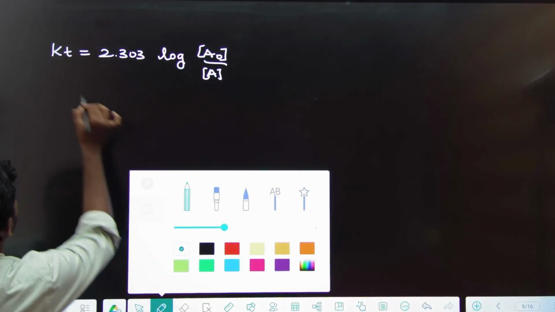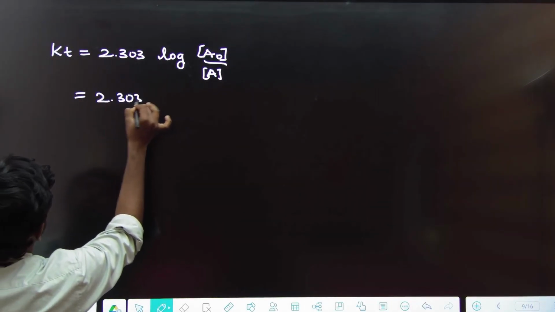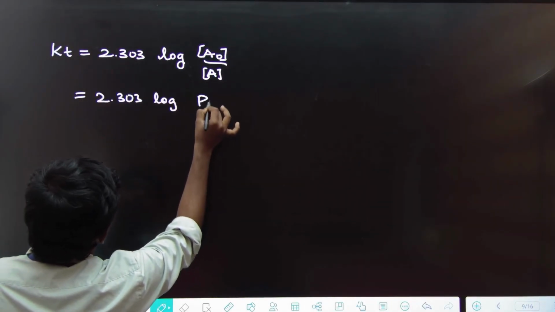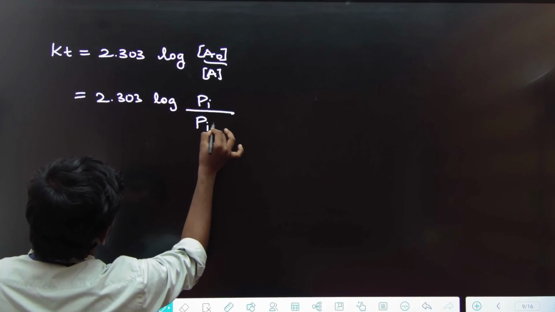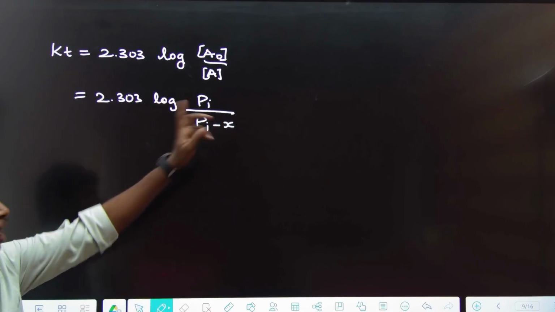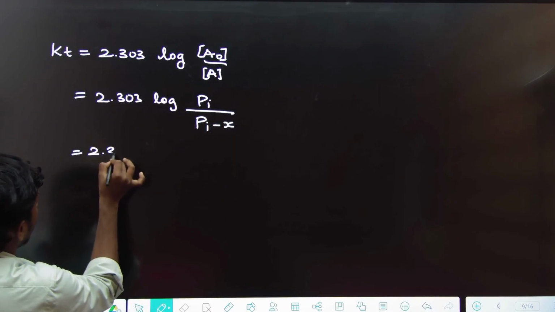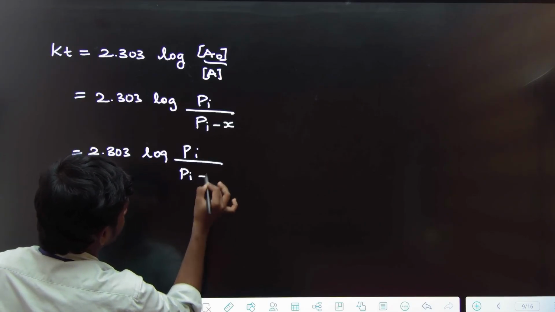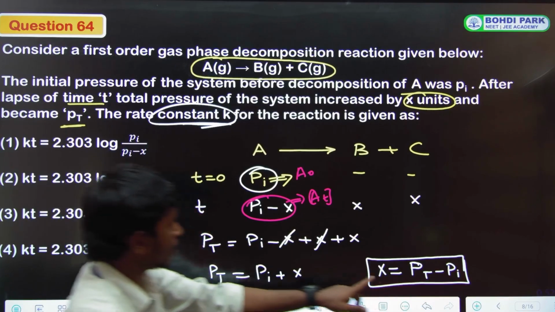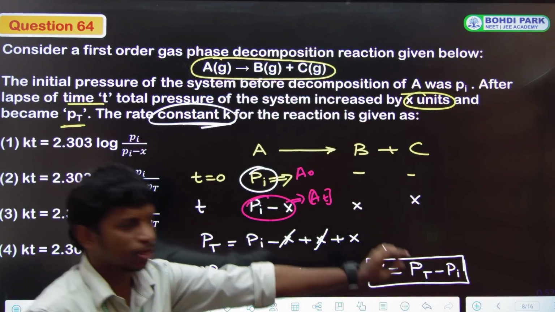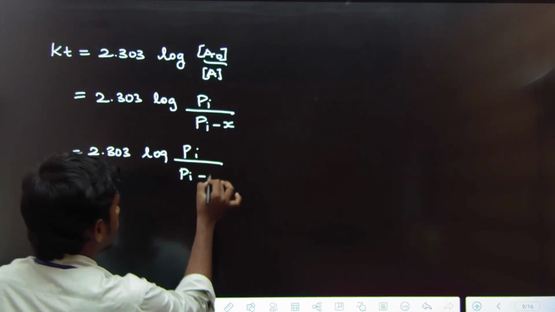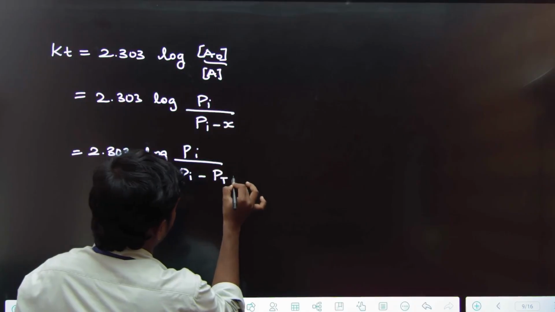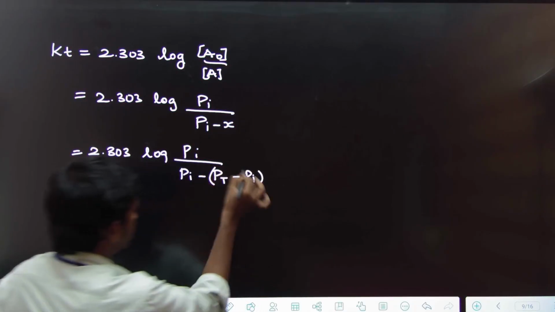I can get 2.303 log of PI divided by PI minus X. X ஓட வேல்யூ என்னப்பா கால்குலேட் பண்ணது நானு. I calculated that the X value is equal to PT minus PI. I'm substituting that PT minus PI. So minus into minus will get plus.